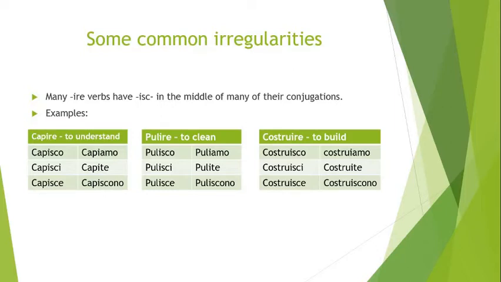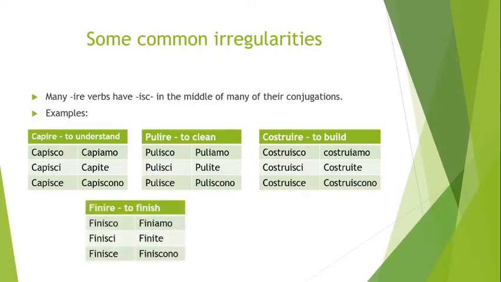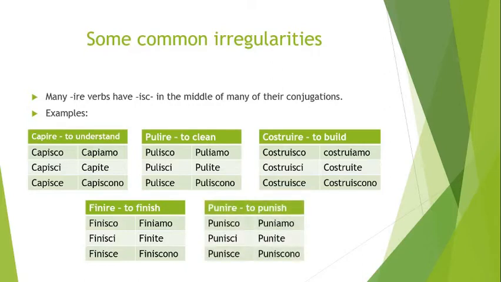So as you can see, it's like an L shape. It's the whole left column and then the bottom right corner. That L shape that has this isc, but not noi or voi. Finire, finisco, finisci, finisce, finiamo, finite, finiscono. And punire, punisco, punisci, punisce, puniamo, punite, puniscono.